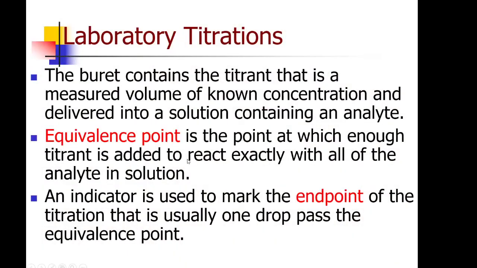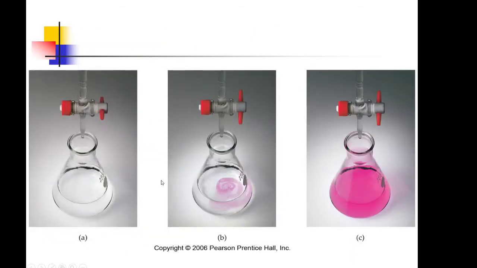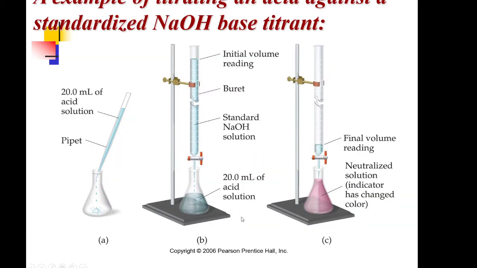So if you want to see what it really looks like, we can look at the slides, and this is what it would look like if you were doing the titration in lab. That's actually too dark of a pink color for my liking. And here's the setup that would be there. You'd put an unknown acid in, and your base would be in the burette.